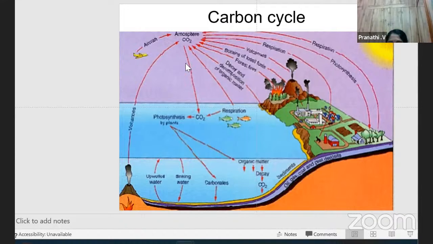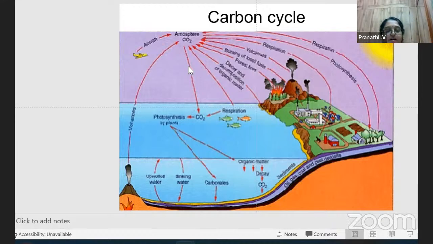In the atmosphere, carbon is mostly in two different forms, carbon dioxide and methane, carbon dioxide being the highest amount present. They absorb gases and retain heat. That is why we have global warming, because of the ability of these two gases, carbon dioxide and methane, which are known as greenhouse gases, to retain heat.